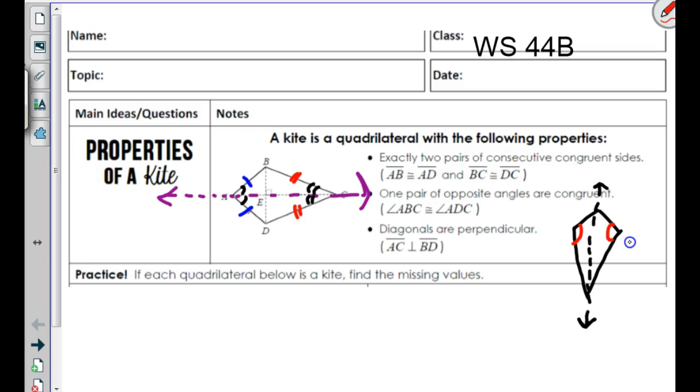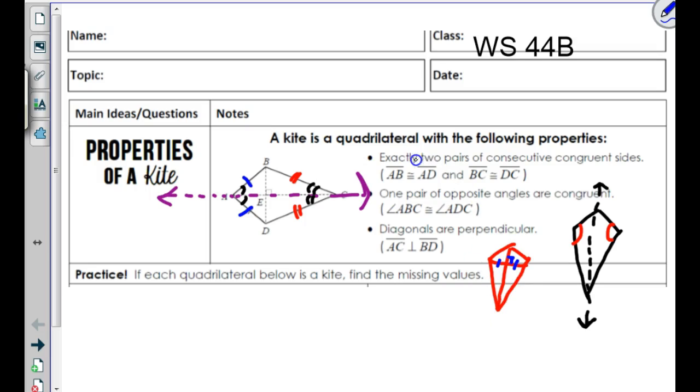All right. Then when you draw in the diagonals, I guess I'll do a third one here real quick. When you draw in the diagonals, it's important you know they make a right angle and this little one is cut in half. The other one is not cut in half, okay?